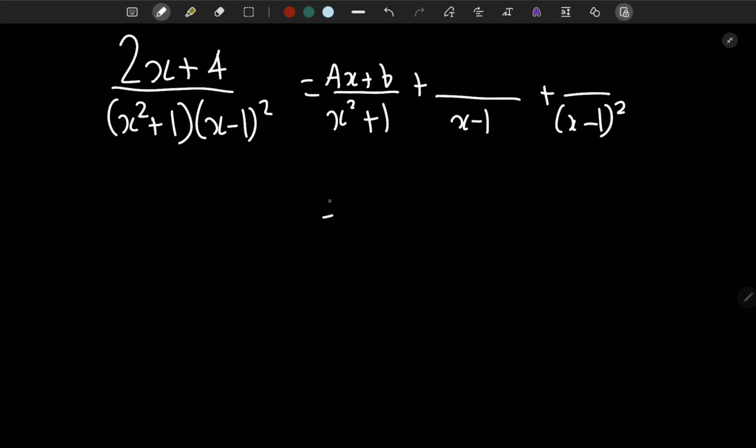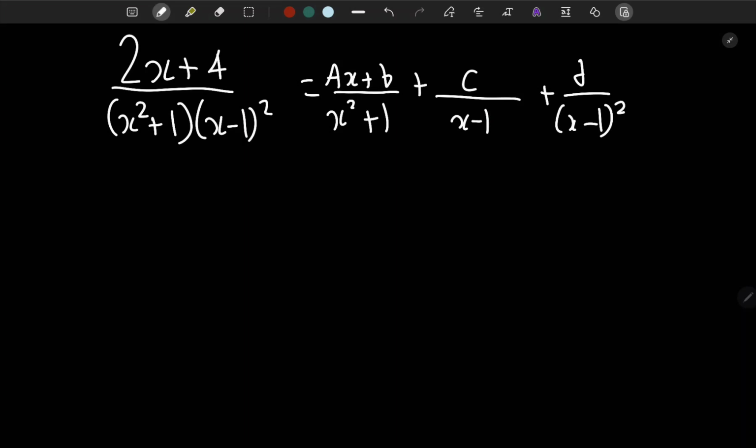So this only occurs when you have an x power of 2 or more. So one thing again to remember, the numerator is always 1 power less than the denominator. Here we're just going to have c, and here we're going to have d.